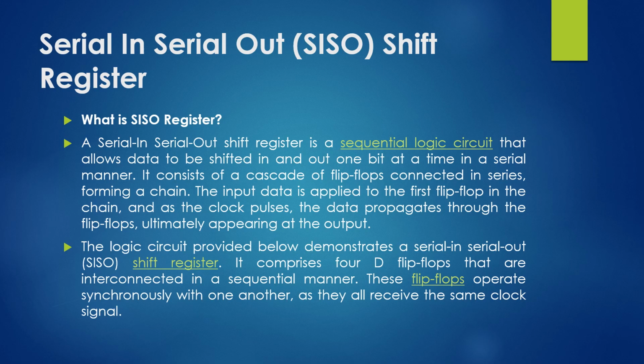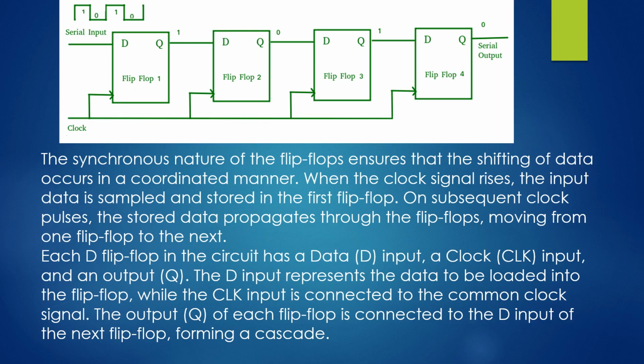It comprises four D flip-flops that are interconnected in a sequential manner. In the circuit diagram you can see the D input with flip-flop 1, flip-flop 2, flip-flop 3, and flip-flop 4, with the serial input and the serial output.